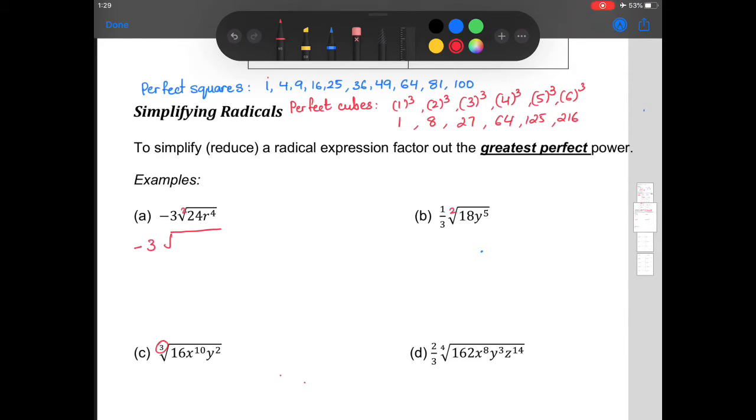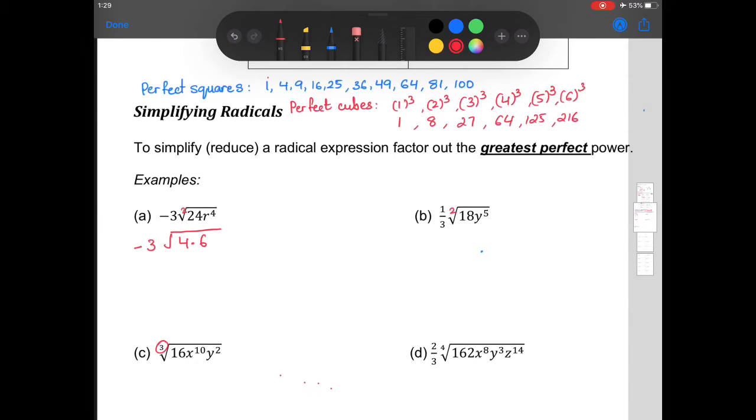If a number isn't, literally go to half of it. Is 12 a perfect square? Check your list. No, 12 is not in your blue list. So check all the numbers below 12 that go into 24. 9 doesn't, but 4 does. So can I rewrite it as 4 times 6?